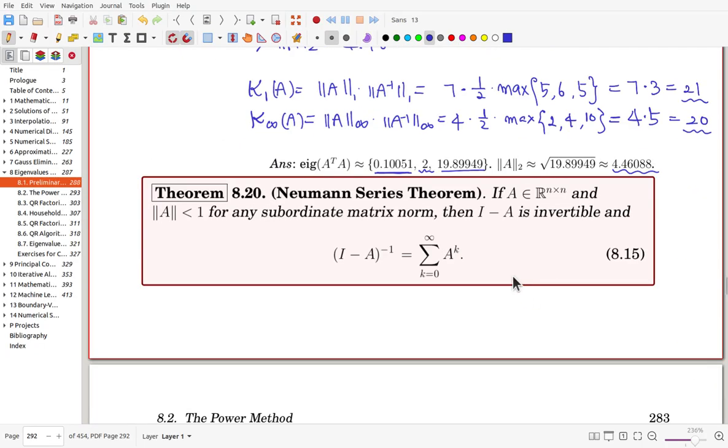At the end of the section, we see a theorem which is called the Neumann series theorem.